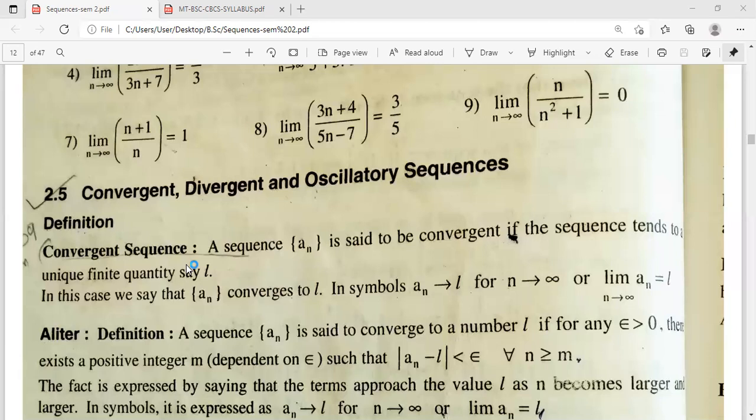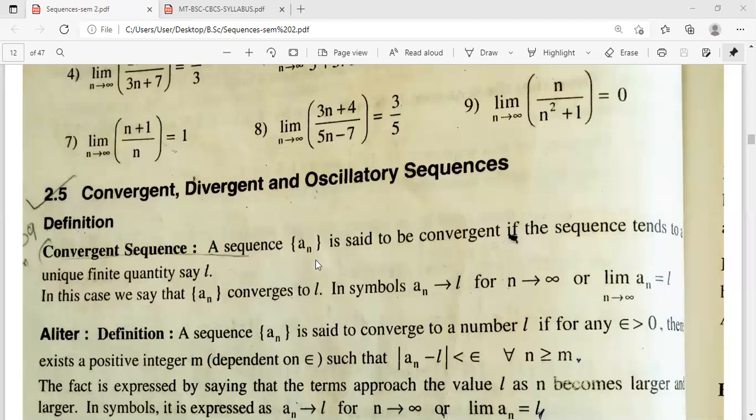Okay, here you see the convergent sequence. A sequence an is said to be convergent if the sequence tends to a unique finite quantity, say L. That means an converges to L, that is, limit of an as n tends to infinity equals L. This is the condition.